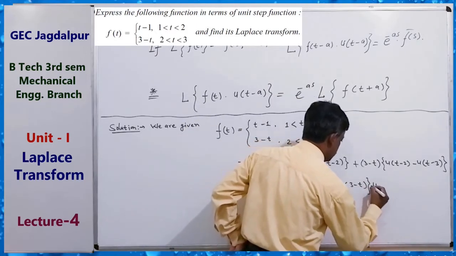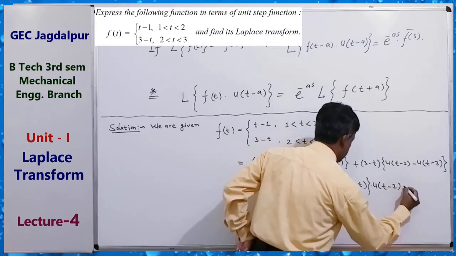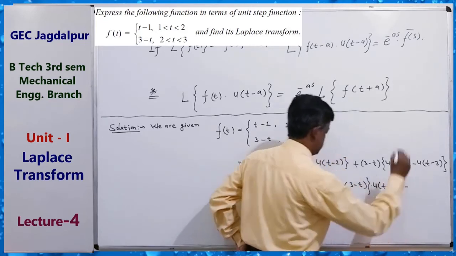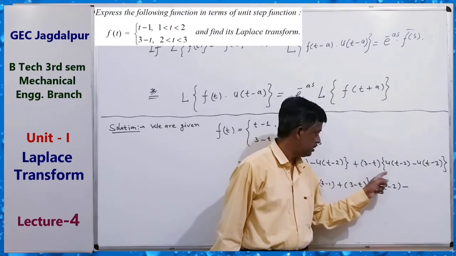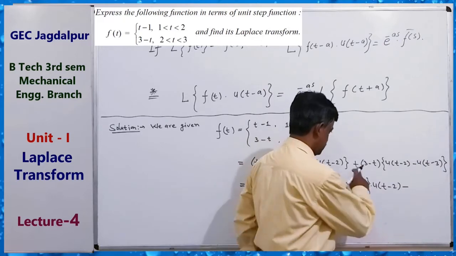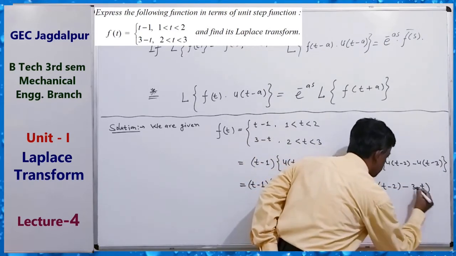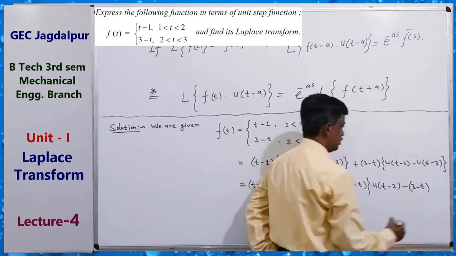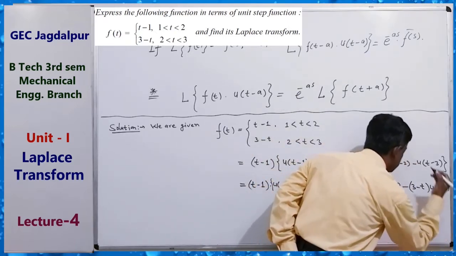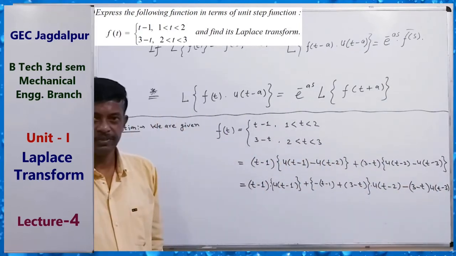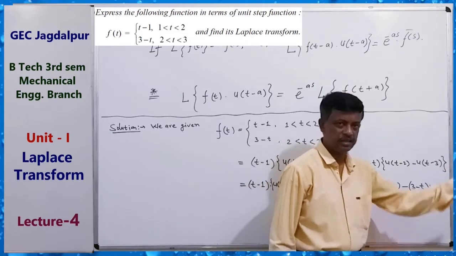So u(t minus 2), and minus (3 minus t) into u(t minus 3). We are separating u(t minus 1), u(t minus 2) and u(t minus 3).